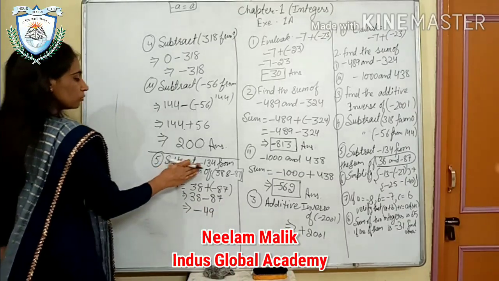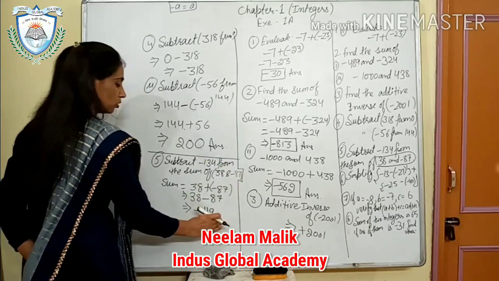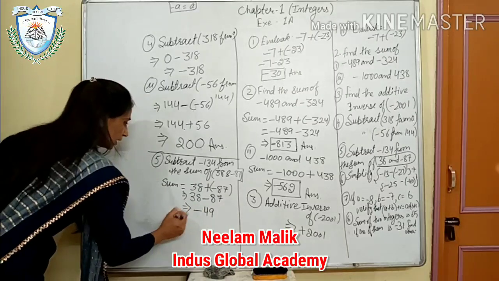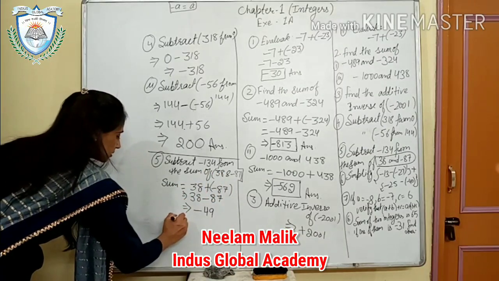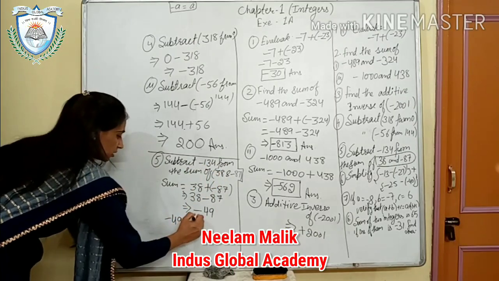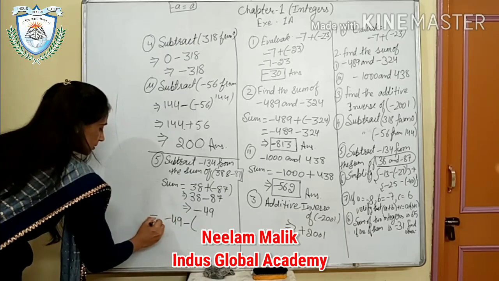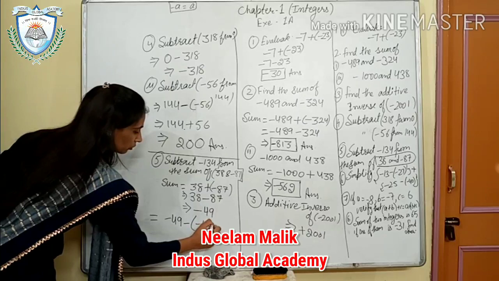What we have to do is subtract minus 134 from the sum. So what will be your final answer? You have to write this, and from this you have to subtract minus. Subtract means the minus sign you will take outside, and then whatever number is given to you.